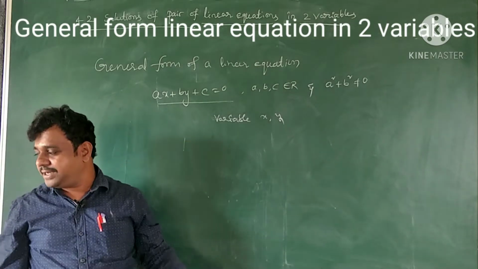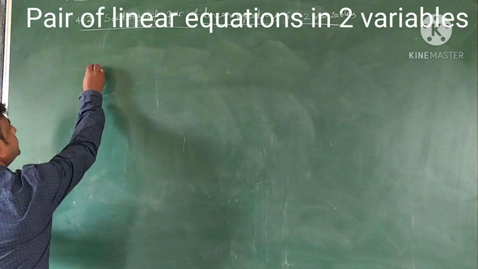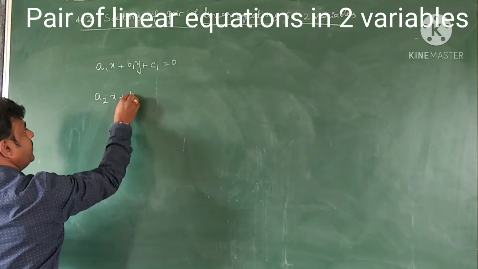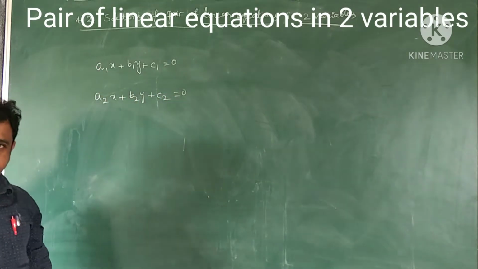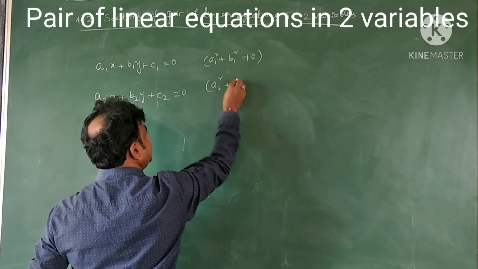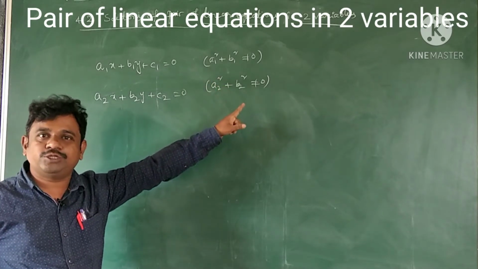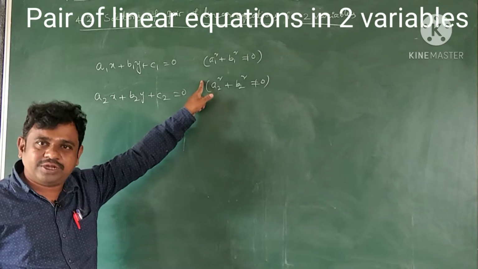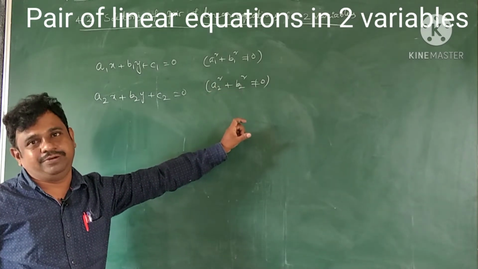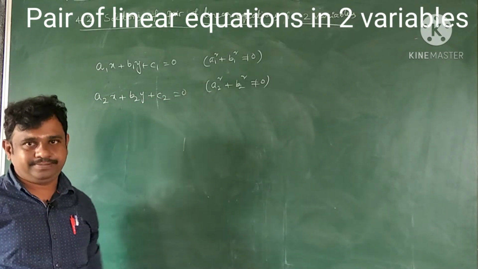Now we take a pair of linear equations in two variables, a1x plus b1y plus c1 equals 0 and a2x plus b2y plus c2 equals 0, where a1 square plus b1 square not equal to 0 and a2 square plus b2 square not equal to 0. Then each represents a straight line.